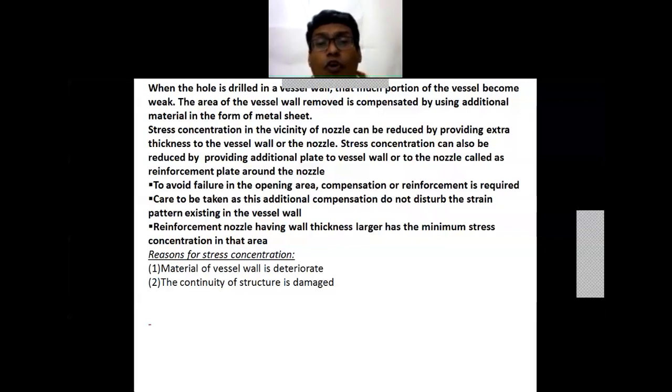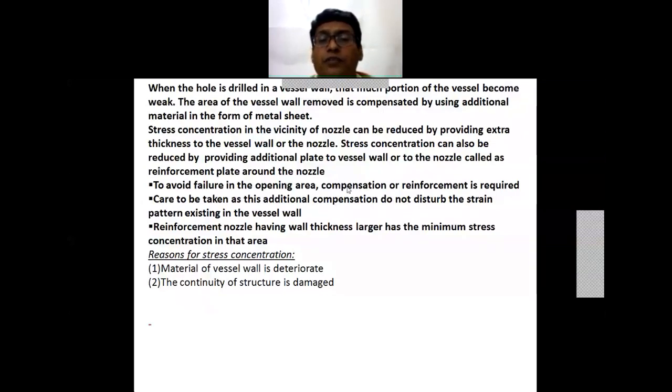To avoid failure in the opening area, the compensation or reinforcement is provided. Care has to be taken that this additional compensation does not disturb the strength pattern existing in the vessel wall, so that the stress developed in the vessel is not disturbed.